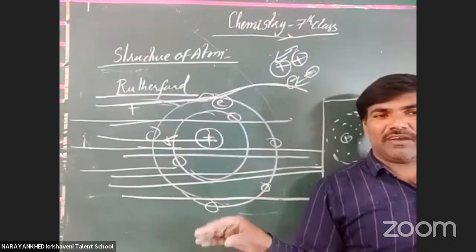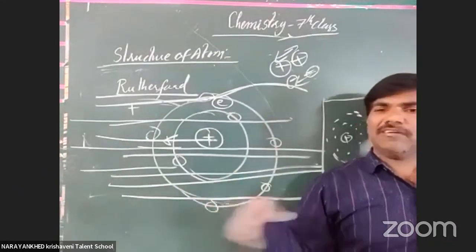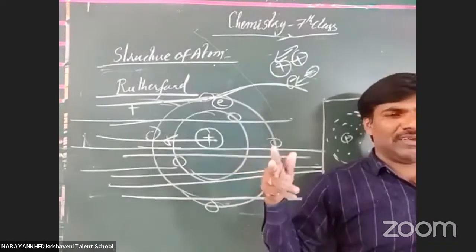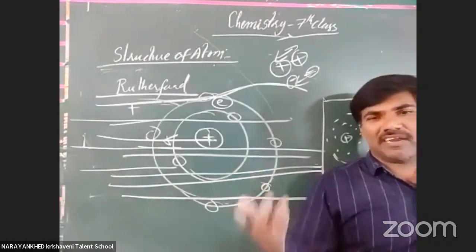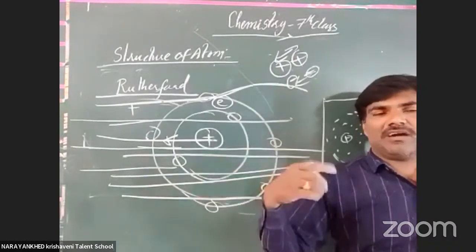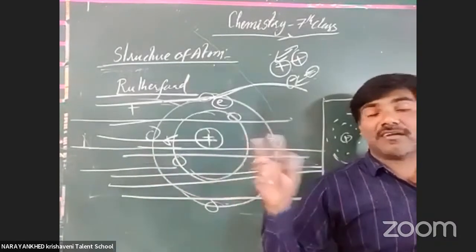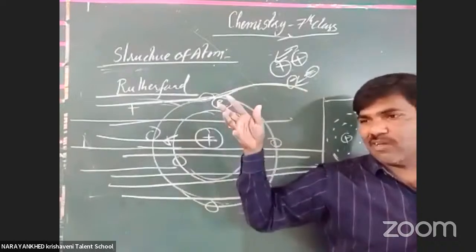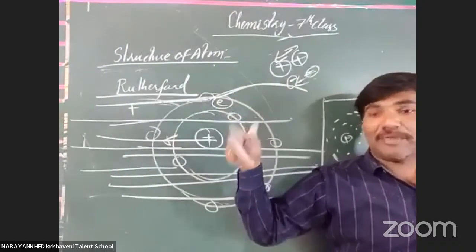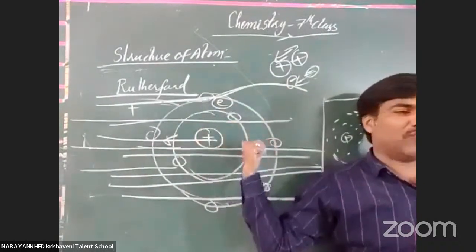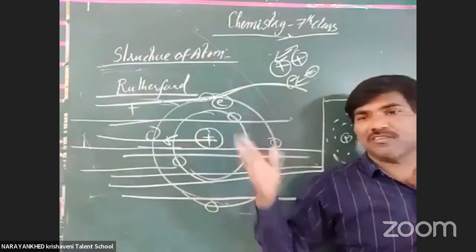You know very well, when you are in a running race, continuously running, what happens? You lose your energy or not? Meanwhile, you require some food or drinks, and again you start. But the electron is continuously revolving only. It will not stop. In case it stops, it will fall where? Into the nucleus. But it does not occur.